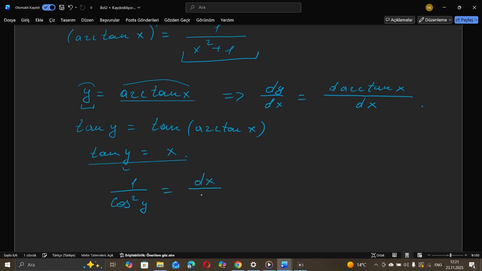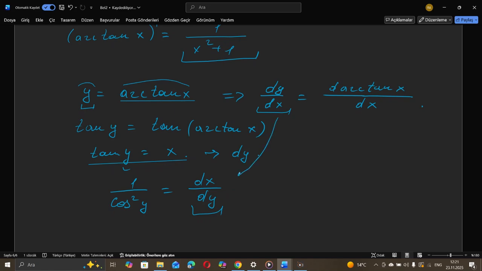the derivative of x with respect to y, because we found the derivative of this function with respect to y, okay? Actually, we're looking for the derivative of y with respect to x, but we found the derivative of x with respect to y.